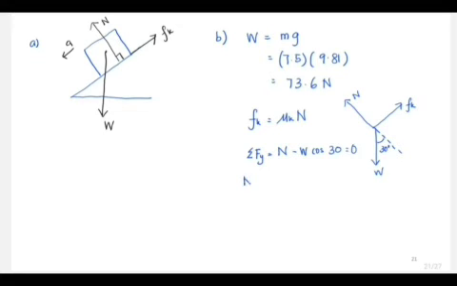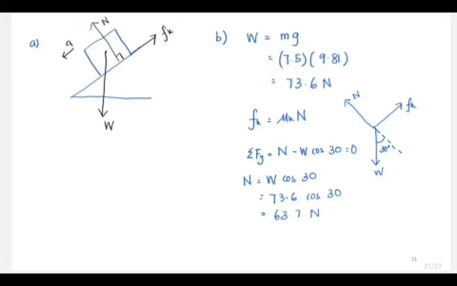From this, we get N is equal to W cos 30, where the weight W is 73.6. Therefore, we get the normal force as 63.7 Newton.